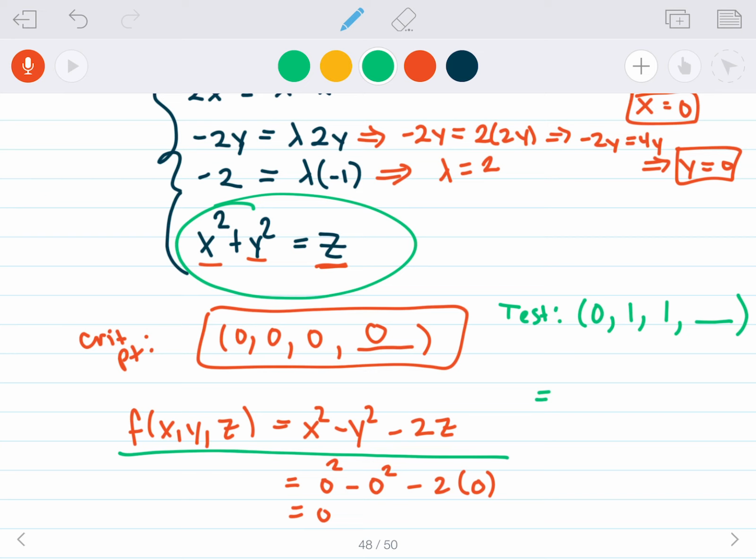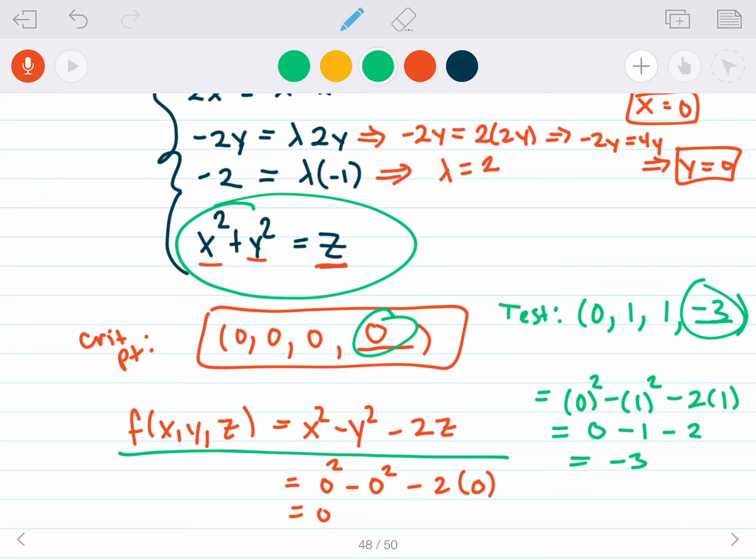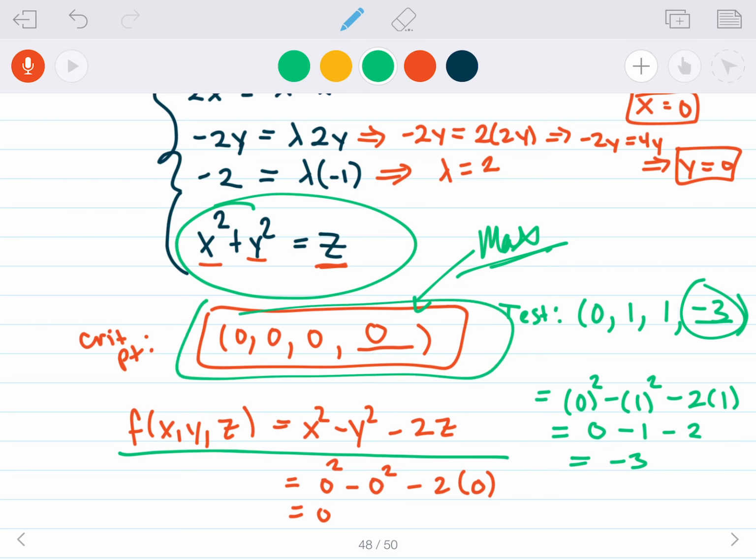We get x squared, which is 0 squared, minus y squared, minus 2 times 1. So that's just going to be 0 minus 1 minus 2, which gives us negative 3. Now, negative 3 is a smaller number than 0, so it turns out that this critical point is our maximum. That is our answer here. That is our maximum point.